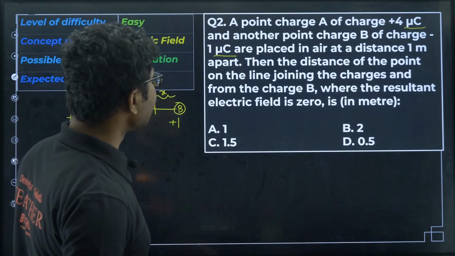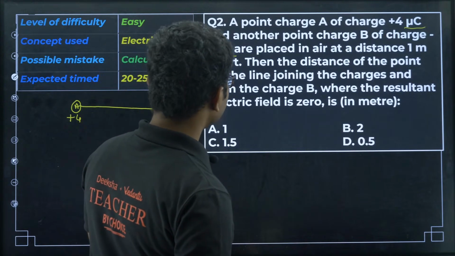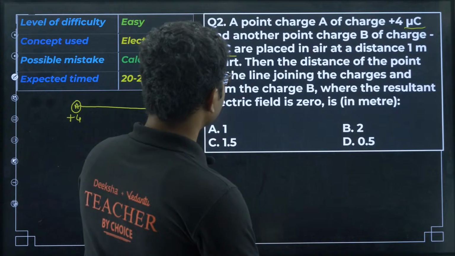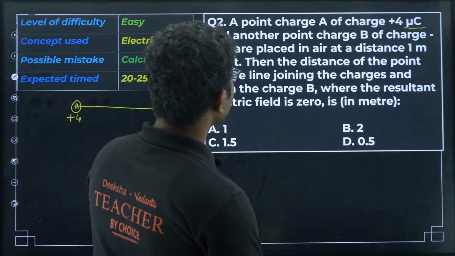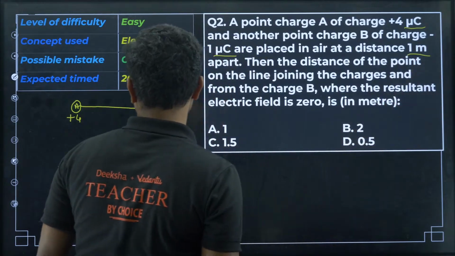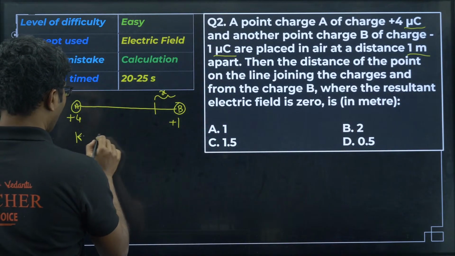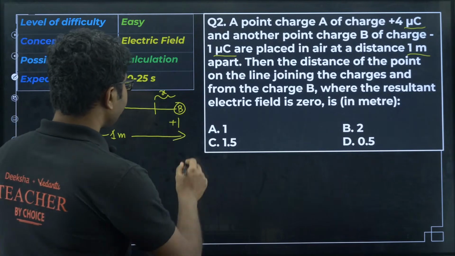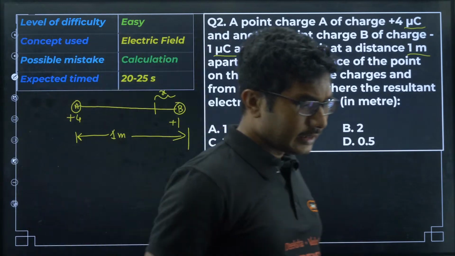What is the given distance? One meter. The original distance is 1 meter, right? Now solve it quickly, then I will solve.